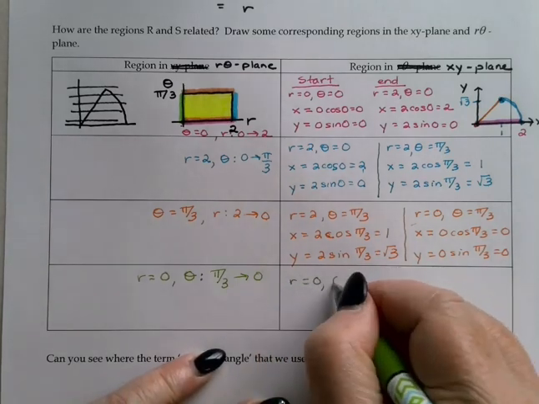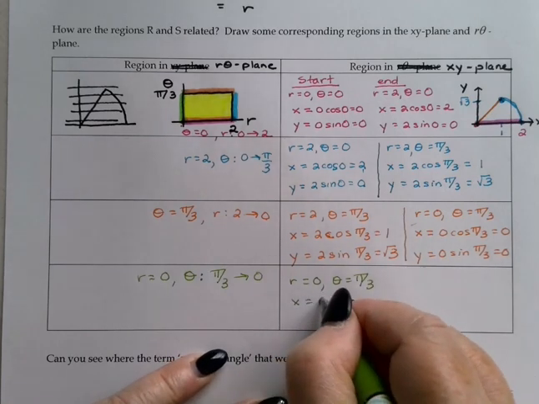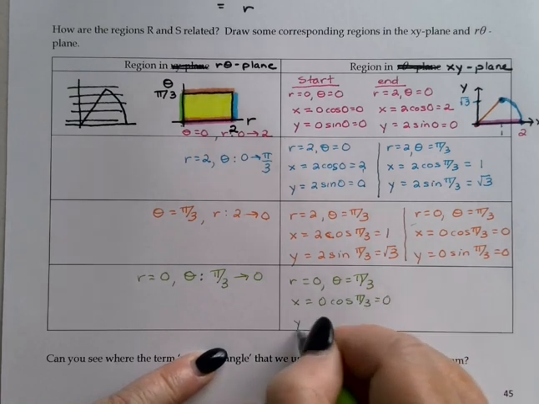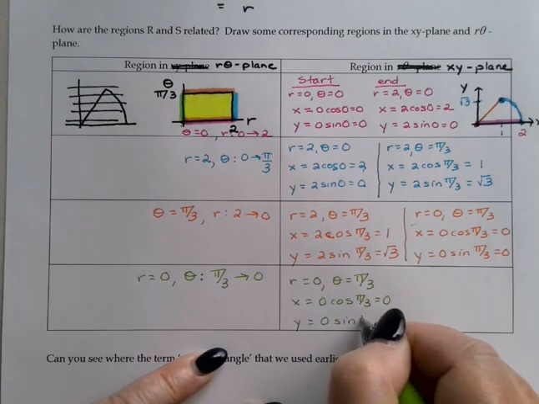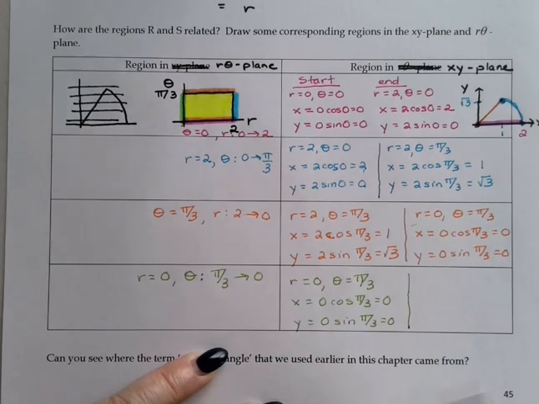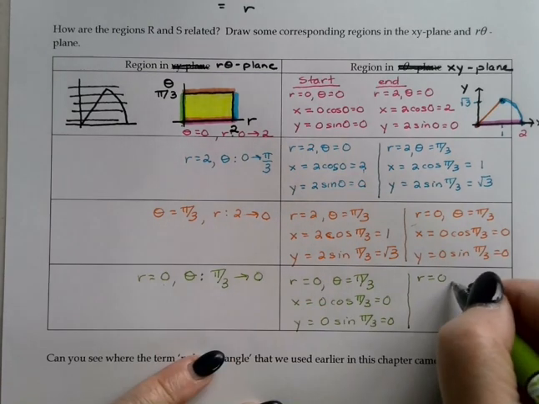If r is 0 and theta is pi thirds, x is 0 cos pi thirds, which is 0, and y is 0 sine pi thirds, which is 0. When we end, r is still 0, but theta is now 0 as well.